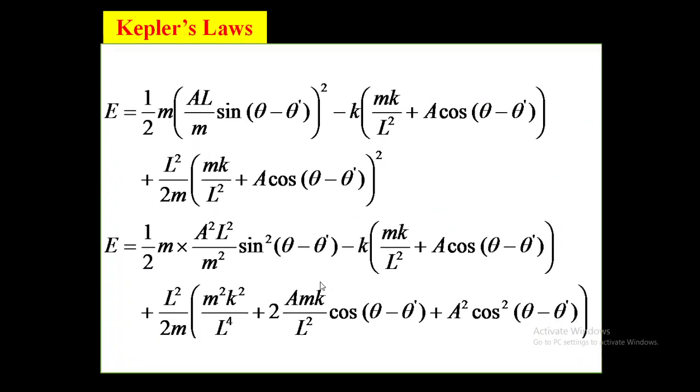After solving the bracket, we get half m times a square L square upon m square sine square (theta minus theta dash), minus k times (mk upon L square plus a cos (theta minus theta dash)).